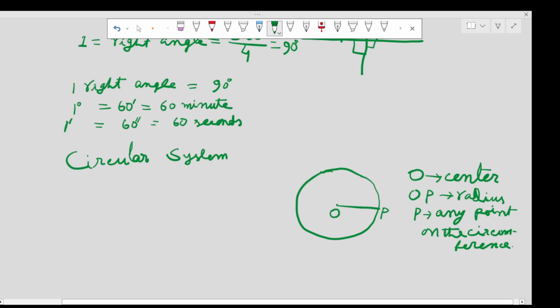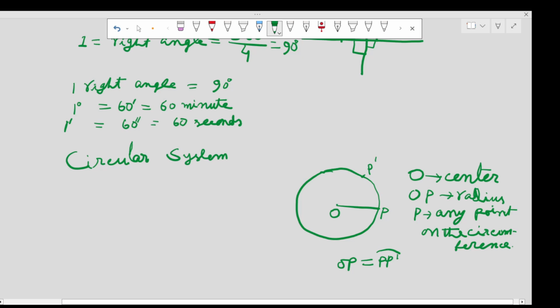Suppose this is P1, that means OP is equal to PP1. We are writing this symbol for PP1. OP is a straight line, PP1 is not a straight line, it is a curved line.